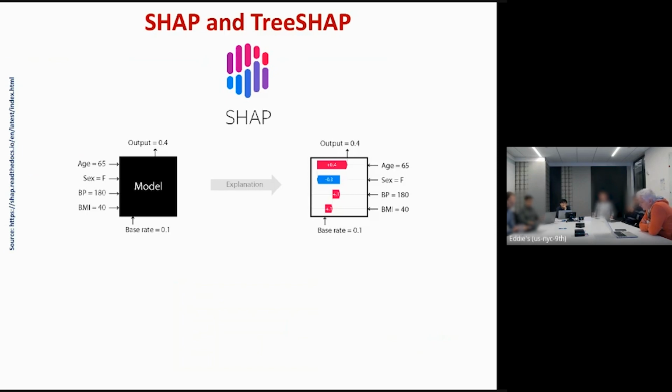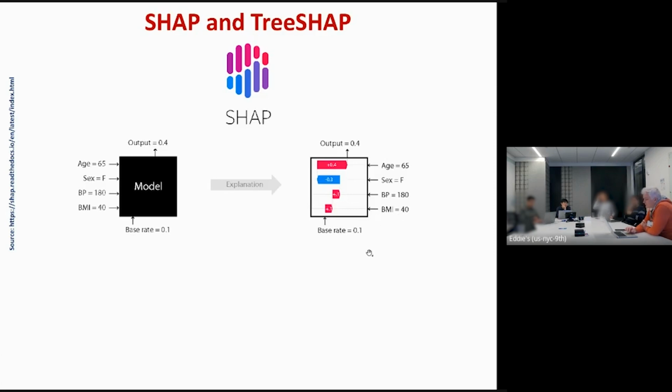And essentially what you want to do is split this output, this 0.4, and attribute the value of the output to the features, like it's given on the right-hand side here. So essentially you would say that age contributes 0.4 positively to the output, whereas sex contributes negatively 0.3, and then the other two contribute 0.1 to the output.